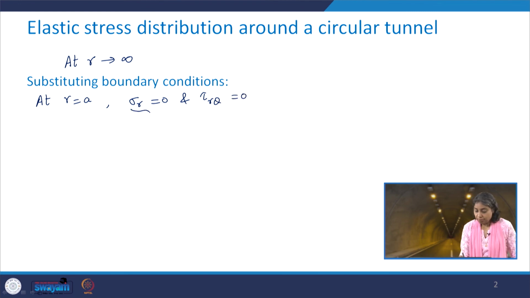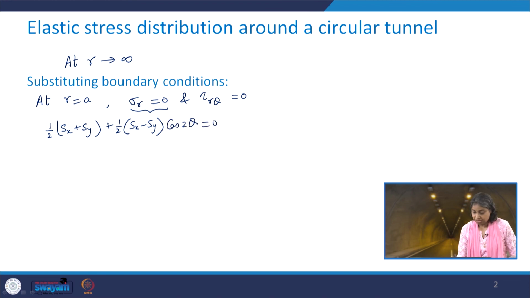Let us apply this, that is sigma r equal to 0. So, we have half (Sx plus Sy) plus half (Sx minus Sy) cos 2 theta.